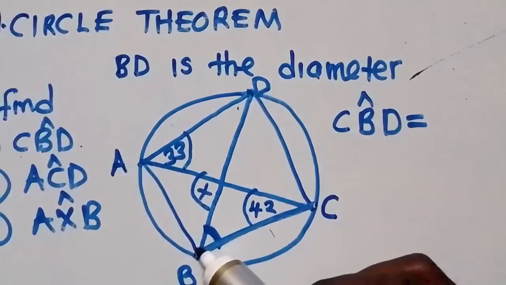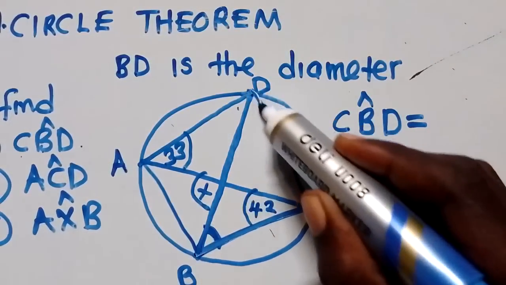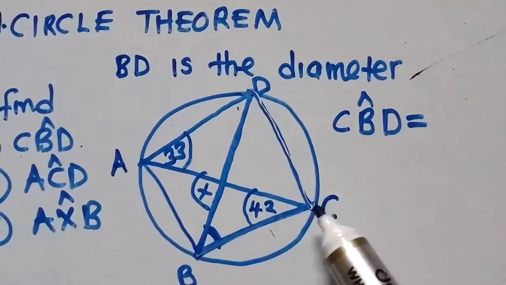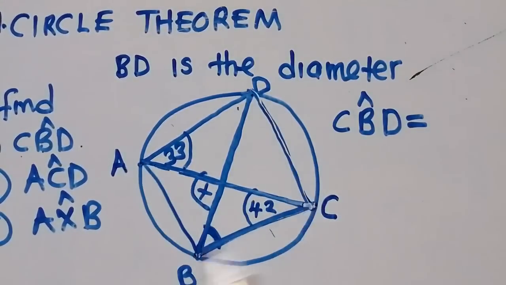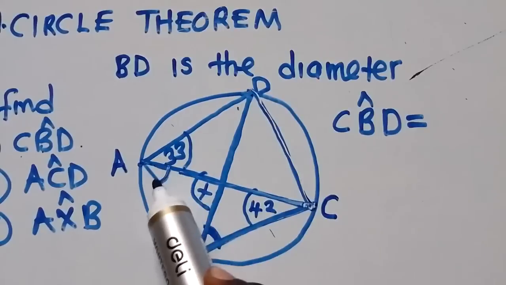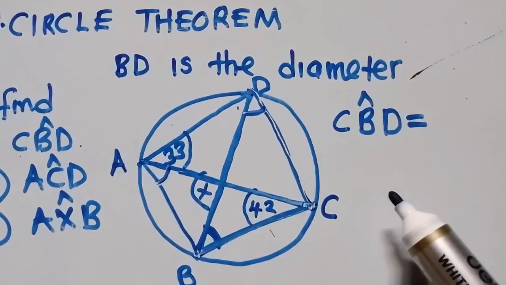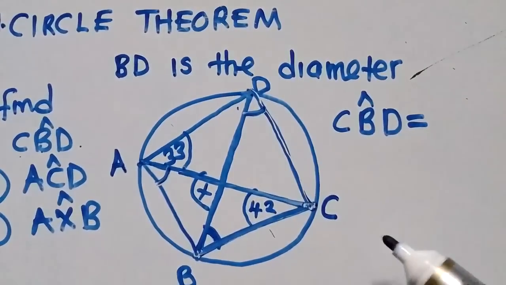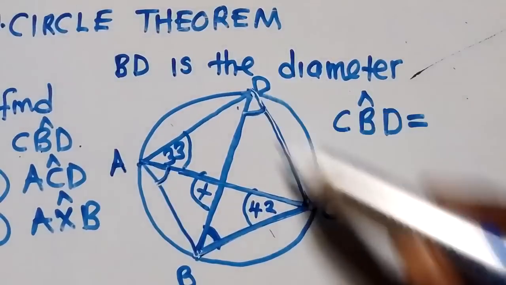All the angles, if you check this one here, going that other side, then coming back here. Even this one is going this side, coming back here. All the angles that are formed on this segment are equal. Meaning the angle which is there and the angle which is there, these two are equal. The same applies to the angles formed on these two segments.